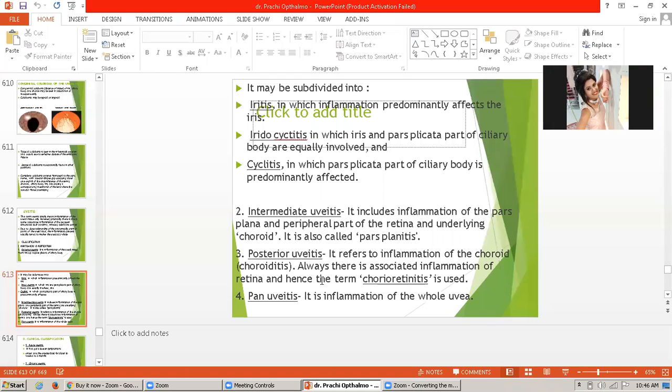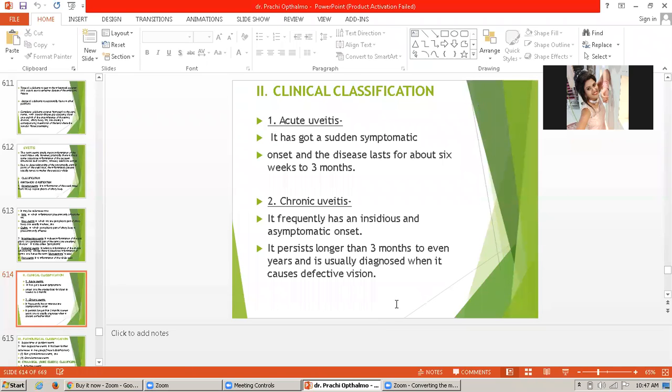As the retina and choroid are at a near distance, the term chorioretinitis is used. And panuveitis is the inflammation of the whole uvea. When there is inflammation of the whole uveal tract, it is called panuveitis.